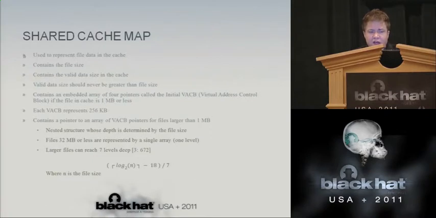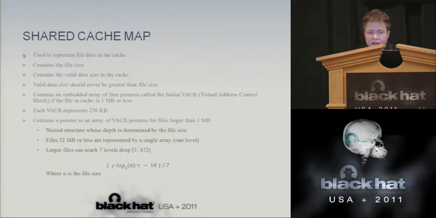Also, for sanity checking, your valid data size should never be larger than the file size itself. We've seen some structures as they get deallocated and so forth, where the valid size is a very big number and it's obviously greater than the file size, so you just throw those things away because the pointers and so forth aren't going to be useful.